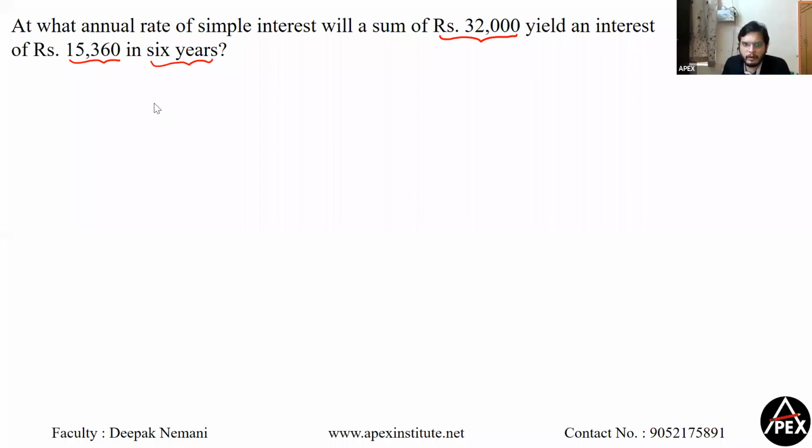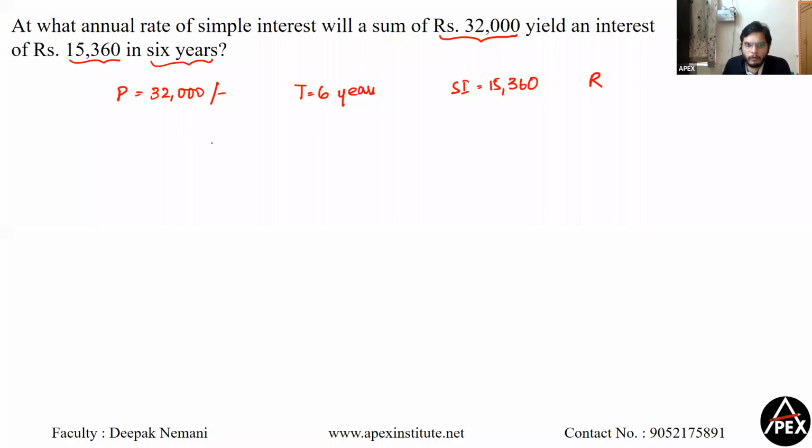So what is this 32,000? Is it principal amount or interest? Perfect. Principal. So principal is 32,000. Time period is 6 years. And simple interest is 15,360. And we need to find the rate of interest, isn't it?